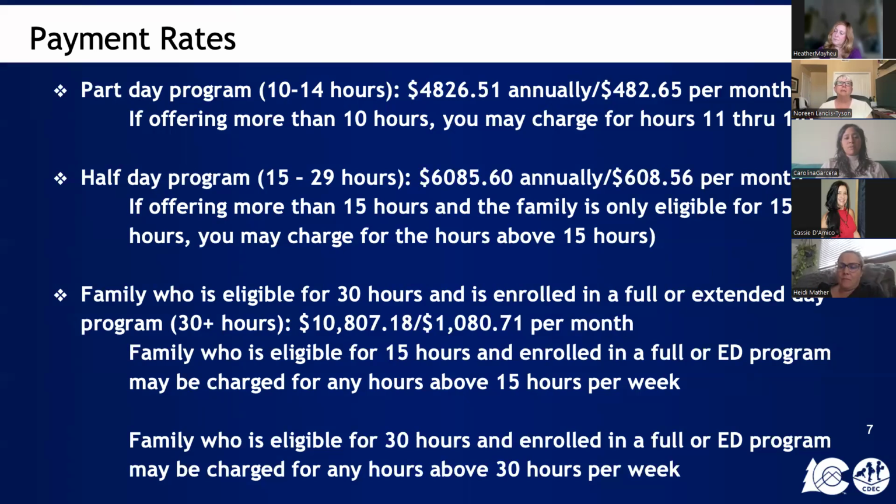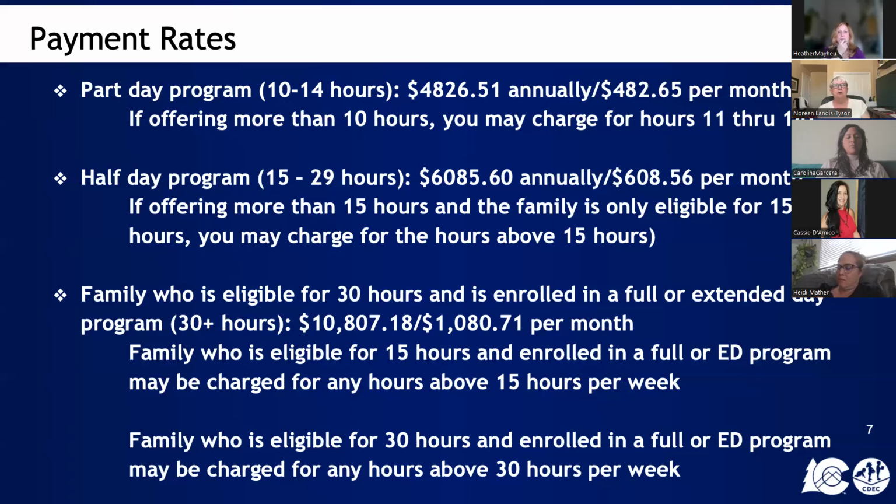So the part day program, which is 10 to 14 hours, is $4,826.51 annually. Or if you divide that by 10, it's $482.65 per month. If you are offering more than 10 hours, 11 to 14 hours, you may charge for hours 11 through 14 because you're only being paid for 10 hours.